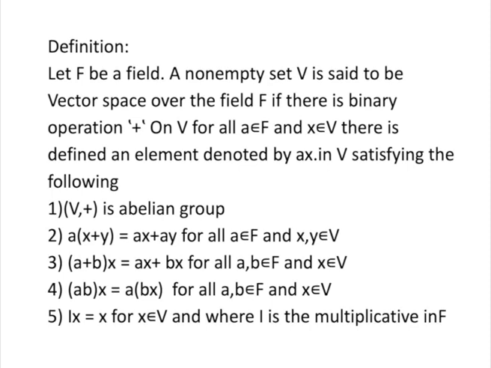Fifth property: 1 into x equals x, where x belongs to V and 1 is the multiplicative identity in F. Note that in 3 above, addition on the left side is that in F, while plus on the right side is that in V. Also in 4 above, the product ab on the left side is that in F.